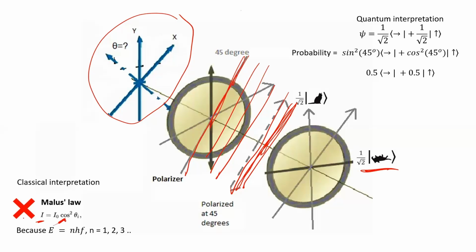But we know that this is wrong, because this is assuming the photons will be cut in half, like half the energy will pass from here and half the energy will pass from here. But according to Max Planck's equation, we know that the energy is integer multiples of h times f, which means you cannot have half of the energy, half of the photon.